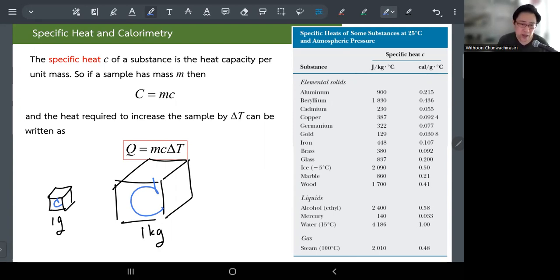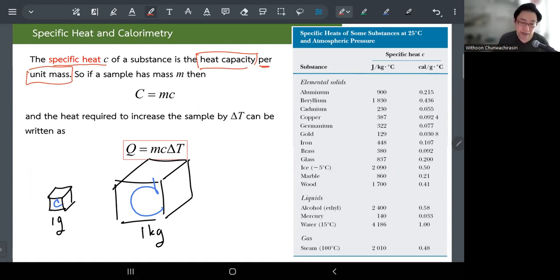Yeah. So for you to be able to build something that does not depend on the amount or the size of the substance that you bring in, you're supposed to define something that depends on the intrinsic property of that material alone. So that's why physicists introduce another one: the specific heat. It's going to be the heat capacity just like before, but per unit mass, or in our case, per kilogram in the SI system.